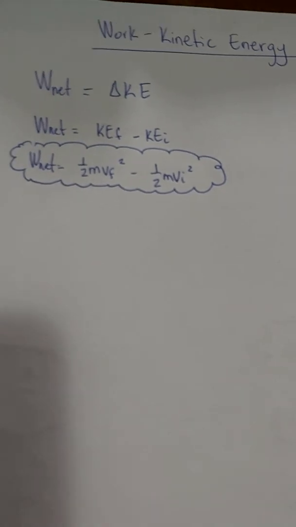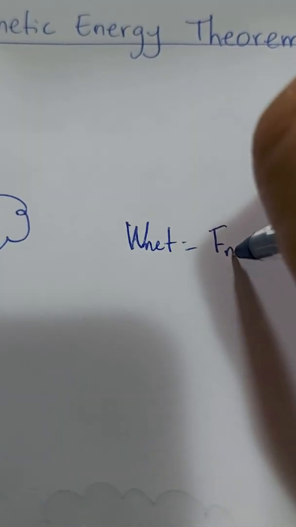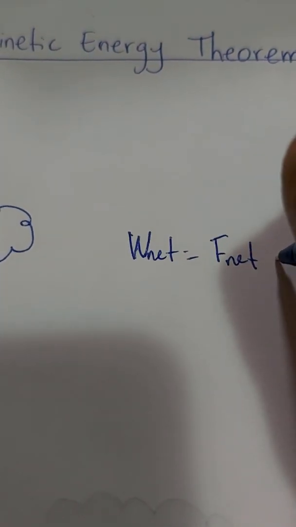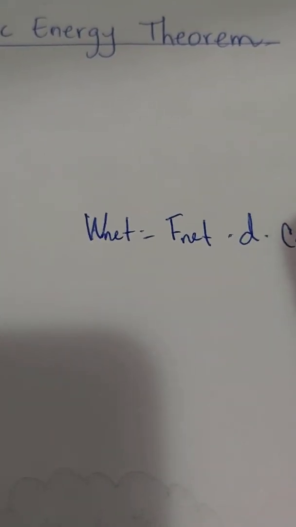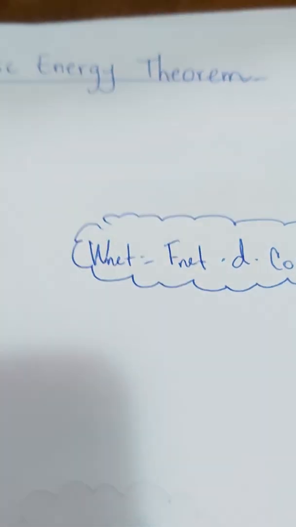Also, keep in mind that in the beginning of the chapter, we learned that net work is equal to net force times displacement times cosine of theta. Okay? Don't forget this, because it's going to be very helpful for this practice C, for the work-kinetic energy theorem.